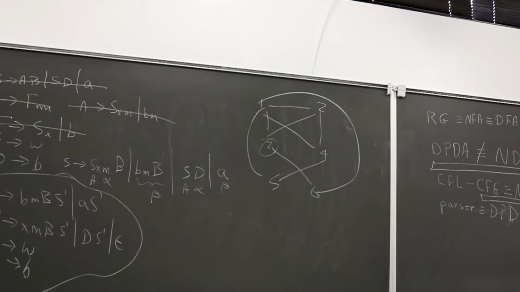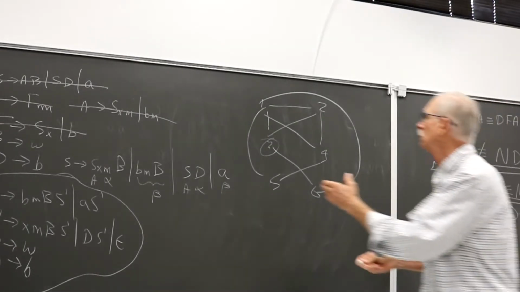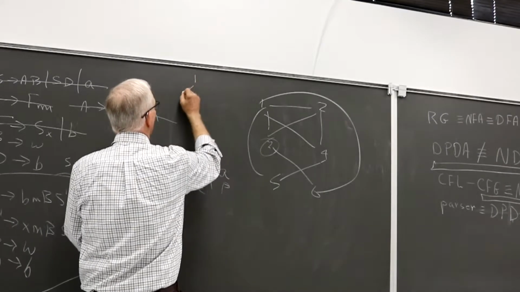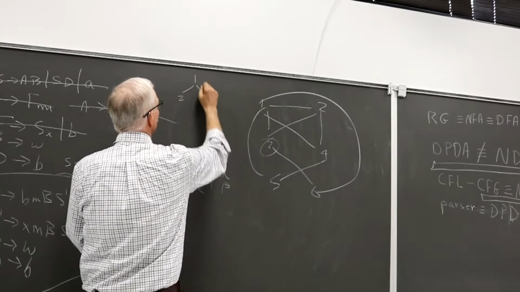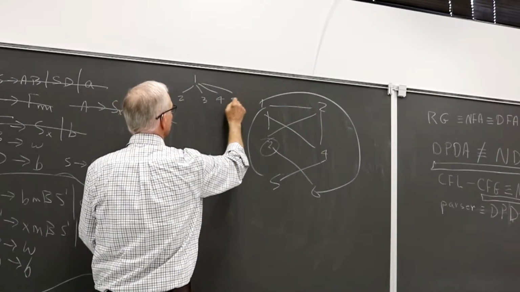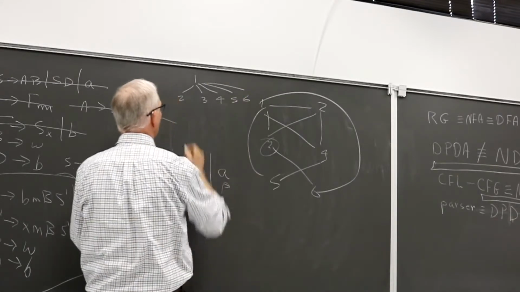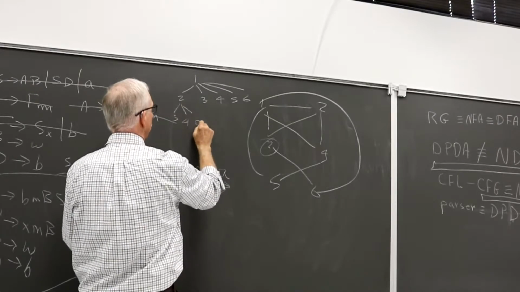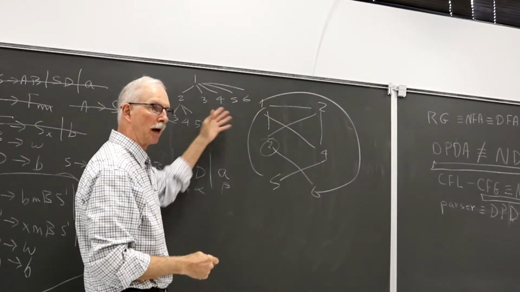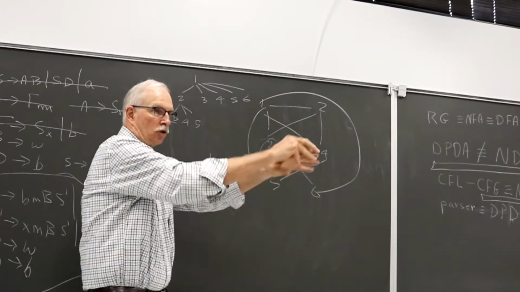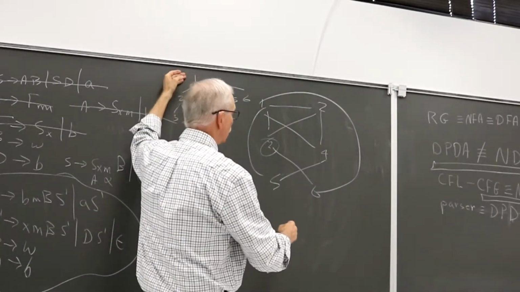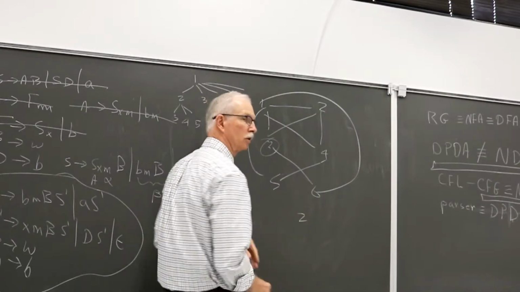So what do you do? You start out, all right, I want to start out in city 1. I want to go to city 2, I want to go to city 3, city 4, city 5, city 6. Well, if I go to 2, then I want to go to 3, then 4, then 5. I can draw the tree, and the tree explodes. But then I have to draw all of the trees. I want to start out at city 2.